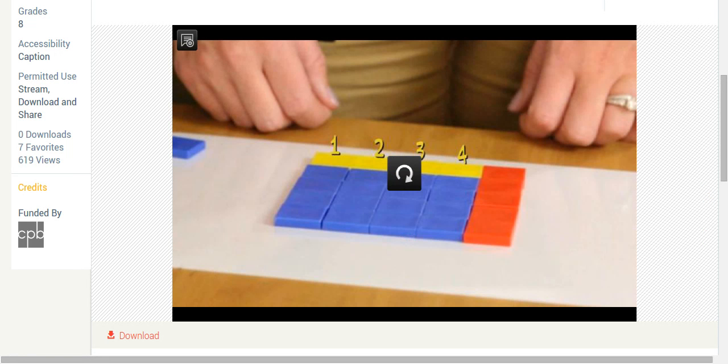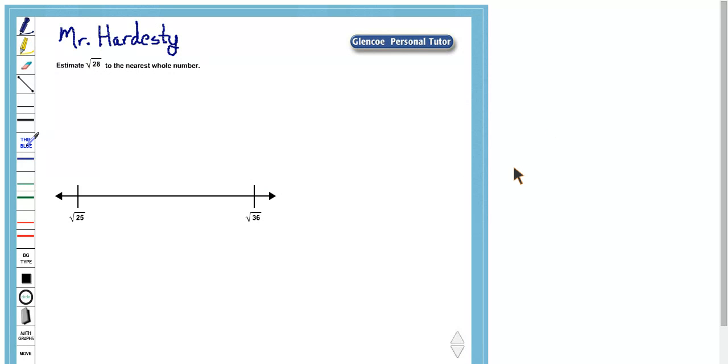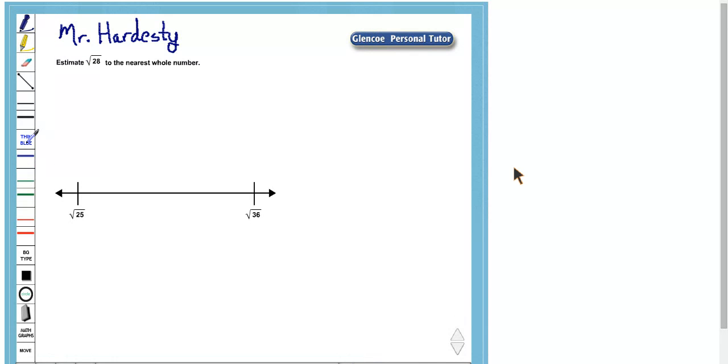All right, there's a second demonstration on how to estimate square roots. Now we're going to see an actual problem done with a number line, which is another way to estimate square roots. All right, so this is an example. It's actually from the online version of your textbook.